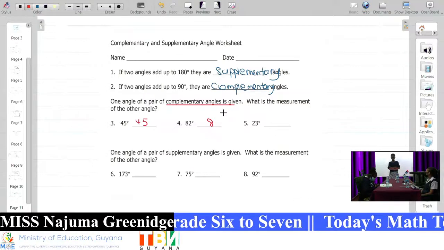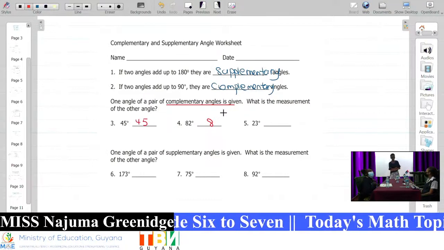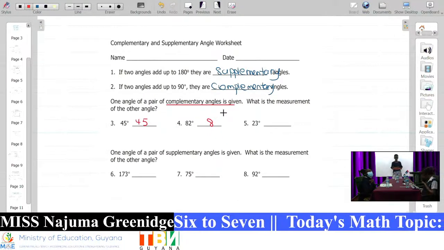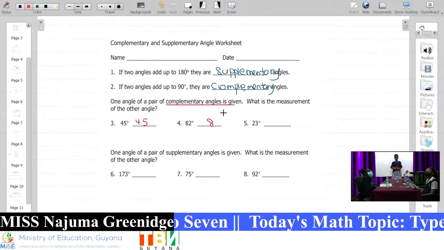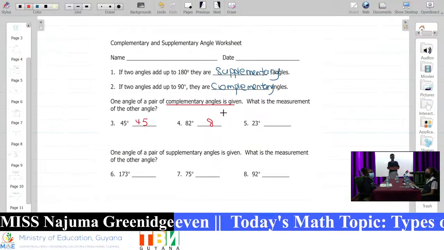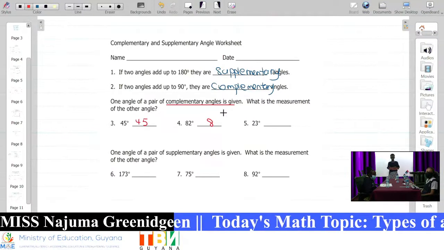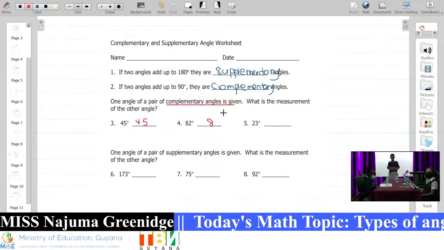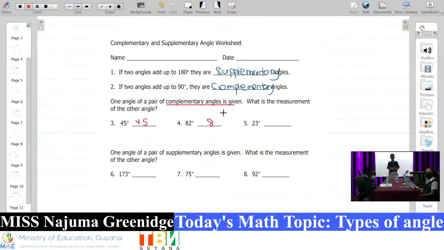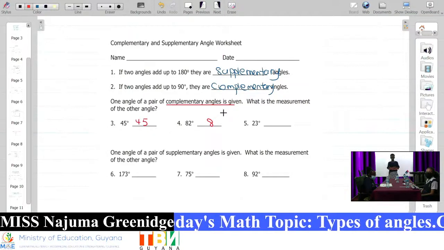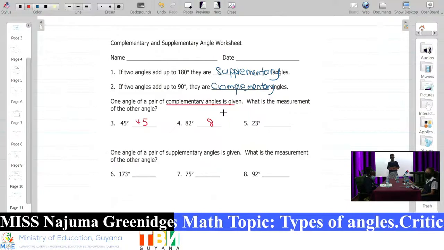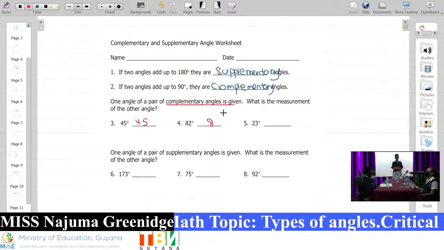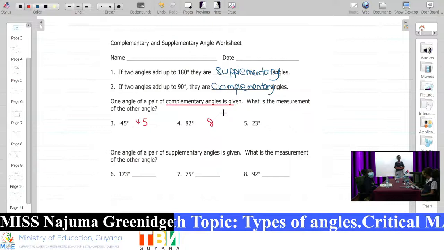You're doing it mentally? How much? 97? How did you get 97? There's a 7 involved, but not 97. One more try. I know you're doing it mentally, which is good. There's a 7 there. 77? You sure it's 77?